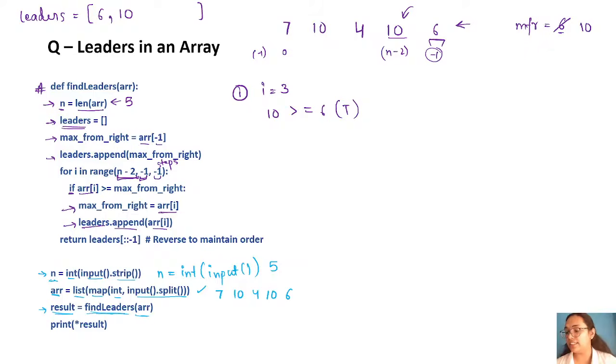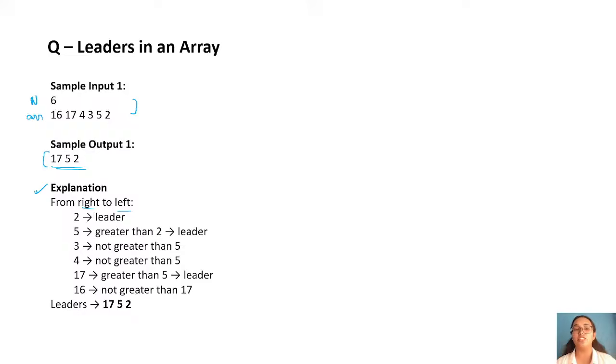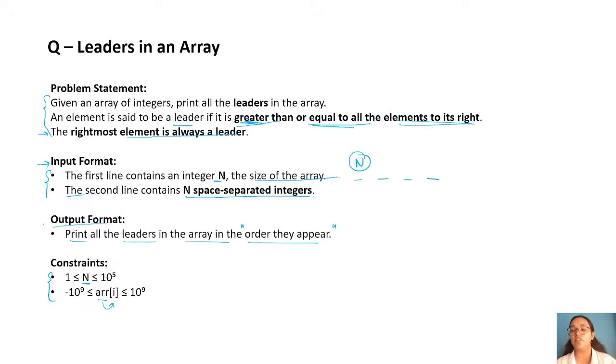Why can't we start iterating from n minus 1? See, why would you do iteration from n minus 1? You have already considered the last element to be the leader element. They have already told you in the question that the rightmost element will always be a leader, right? See this line, it says the rightmost element is always a leader.